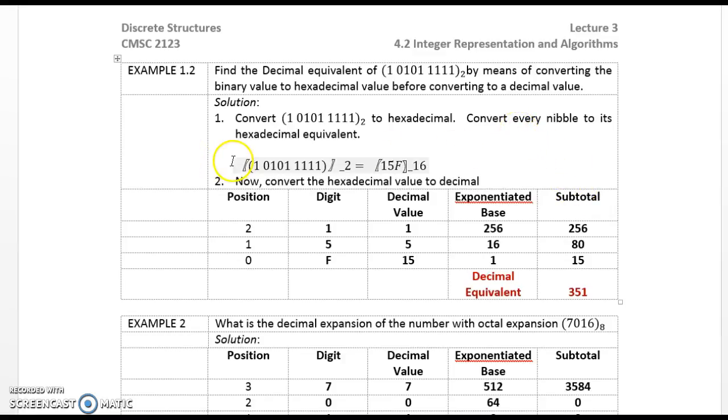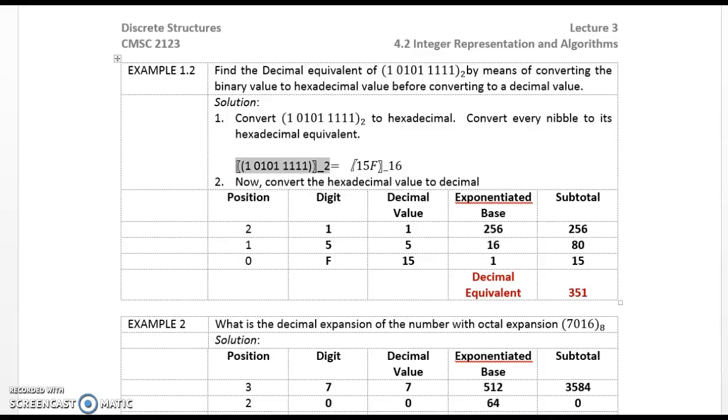So it looks like I got a little out of whack here, but in any event, what I have is 101011111 base 2 is 15F base 16, and now I can convert the hexadecimal value to decimal quite easily.